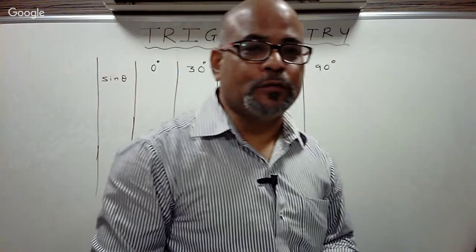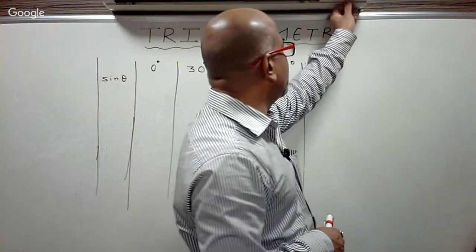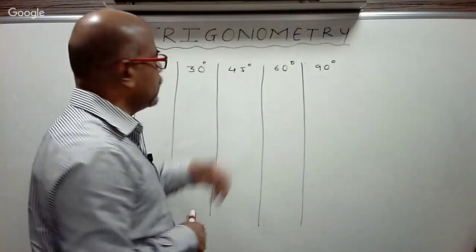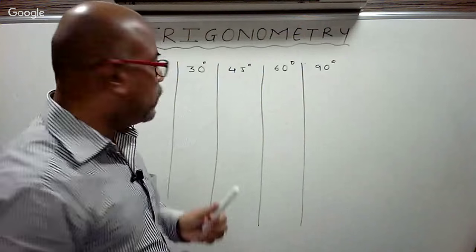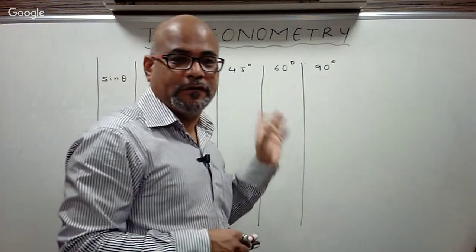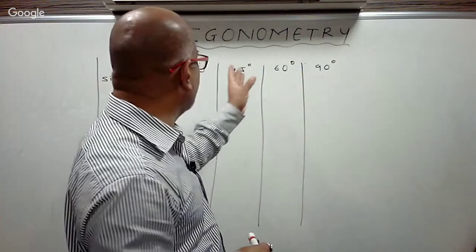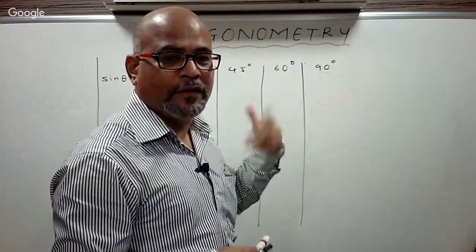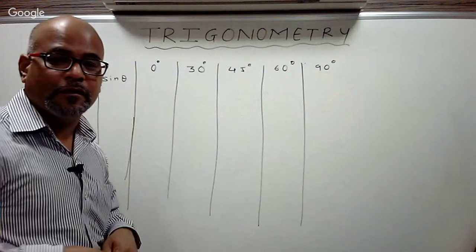Now here I am going to give you a trick on how to find or how to remember these ratios. For that, I will give you the trick for sin 0, sin 30, 45, 60, 90. Then we can easily remember all the remaining values.